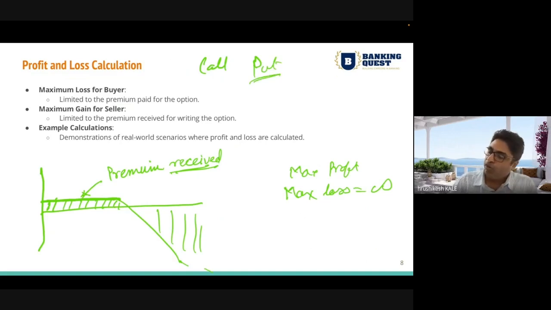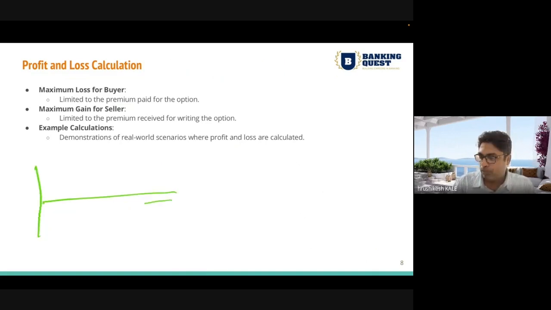Now, if you look at put option, this is a diagram for long put.